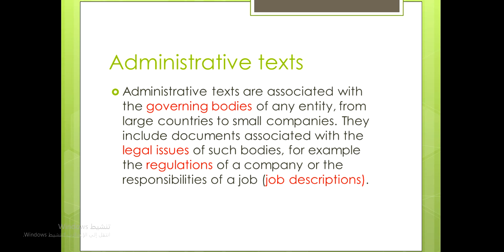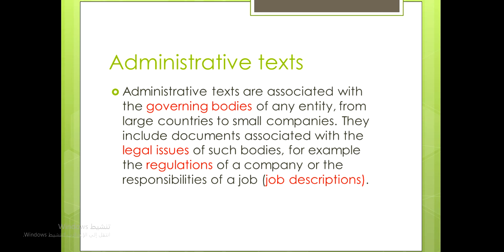Administrative texts or translation. Administrative texts are associated with governing bodies of an entity, from large countries to small companies. They include documents associated with the legal issues of such bodies, for example, the regulations of a company or responsibilities of a job, like job descriptions.